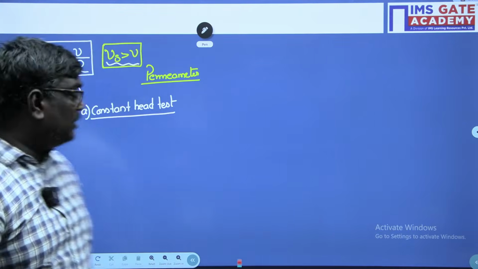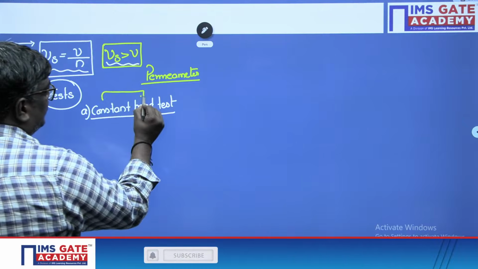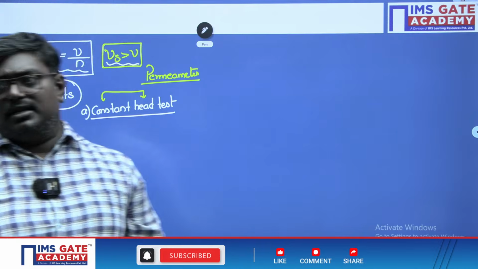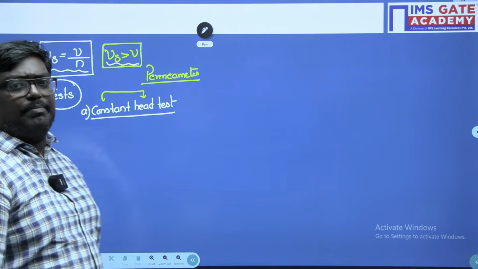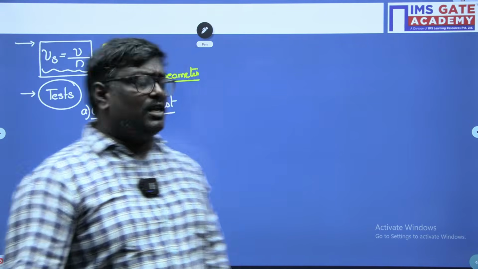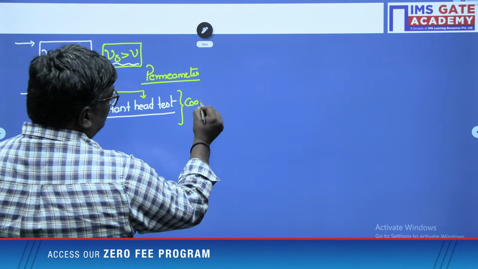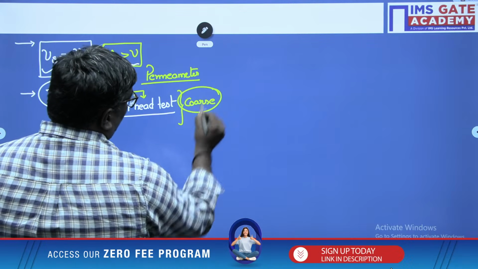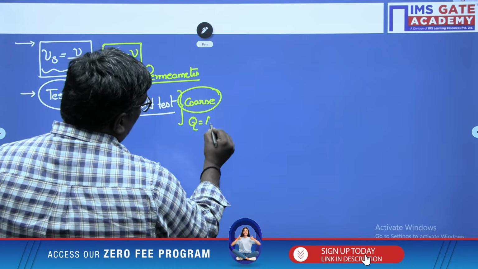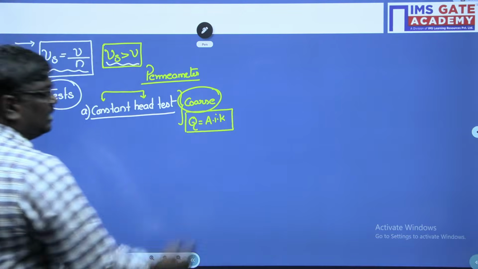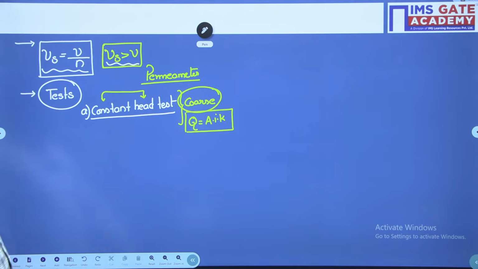When you keep the head constant, the discharge is measured. So the constant head test is suitable for which type of soils? It is suitable for coarse grained soils, and Q is equal to AiK. So here you should understand discharge is equal to AiK. This is the constant head test.